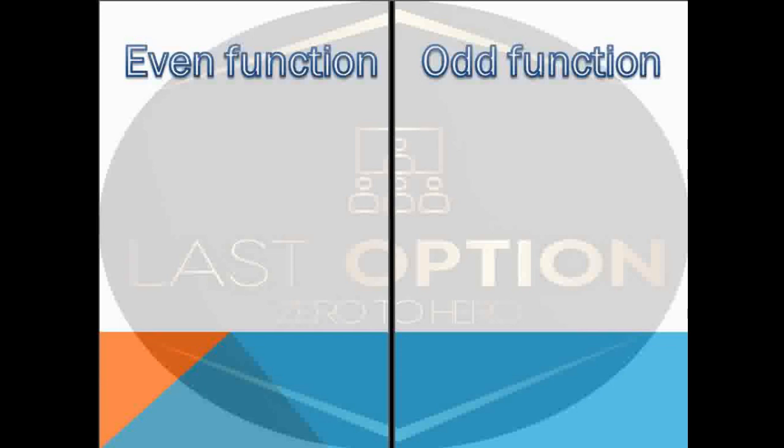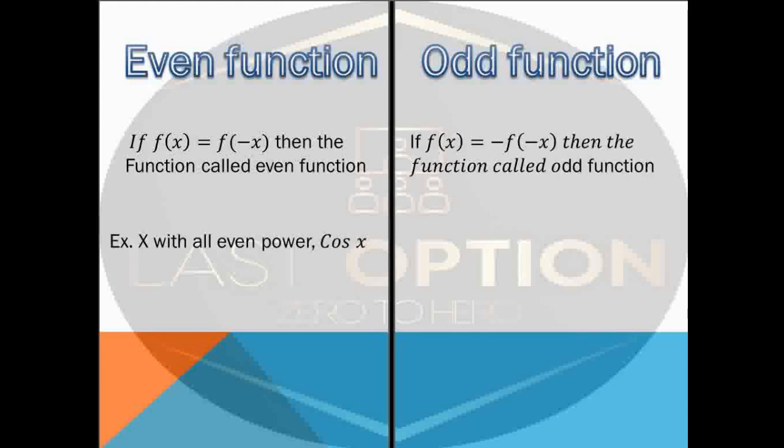We also studied the concept of even and odd functions to get the Fourier series easily, or to eliminate one of a0, an and bn. If f of x is equal to f of minus x, then the function is an even function, and if f of x is equal to minus f of minus x, then the function is an odd function.